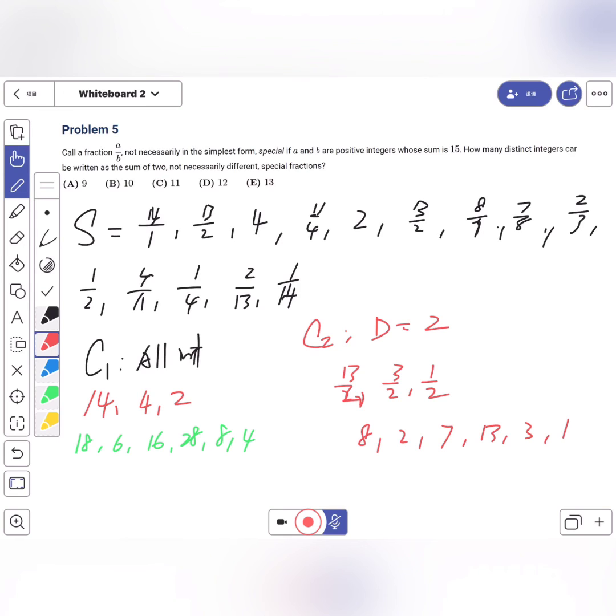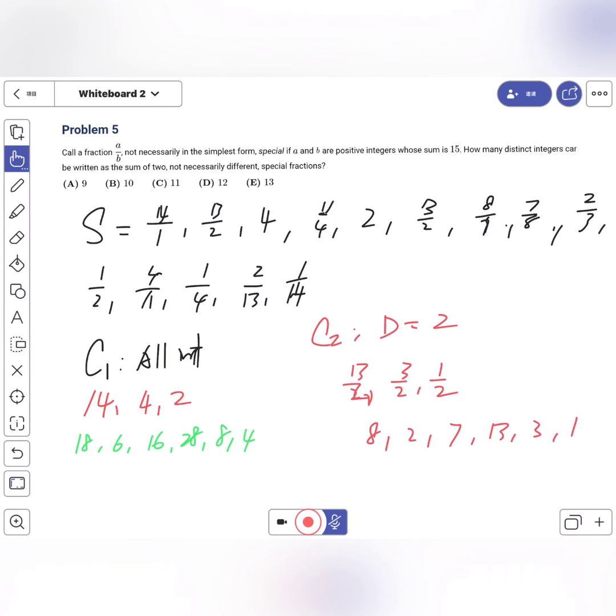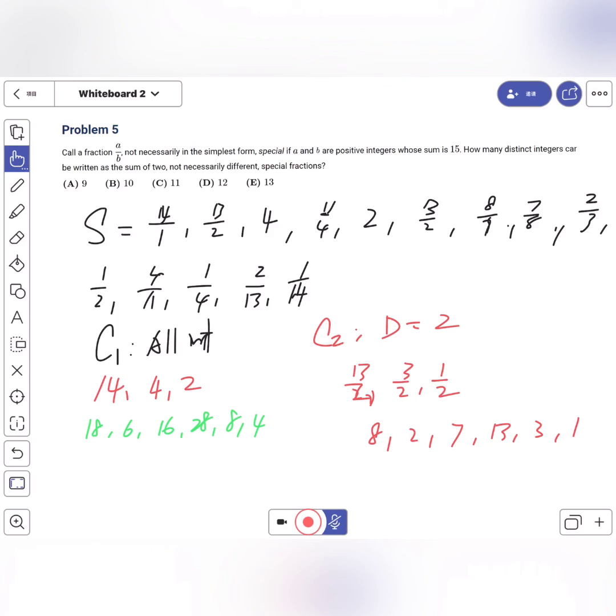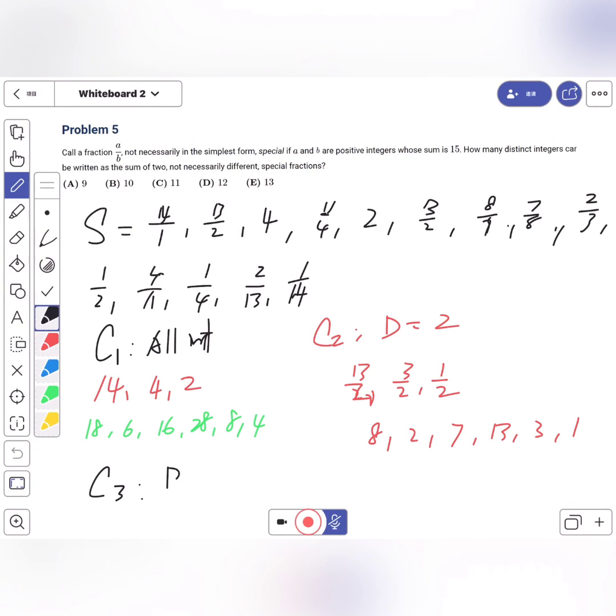So these are all possible for now. And then we also have to account for case 3, which is when the denominator is equal to 4. We're going to have 11 over 4, and then we're also going to have 1 over 4. This will give us 3 as the only one.